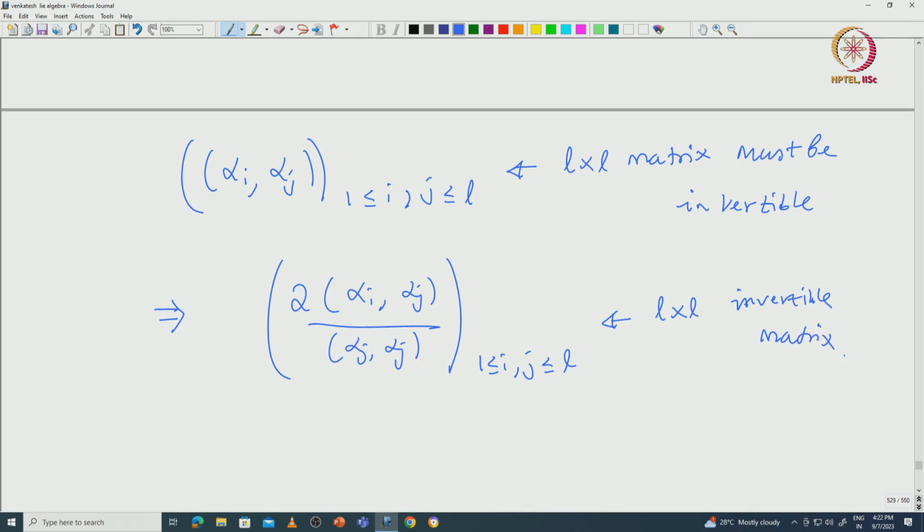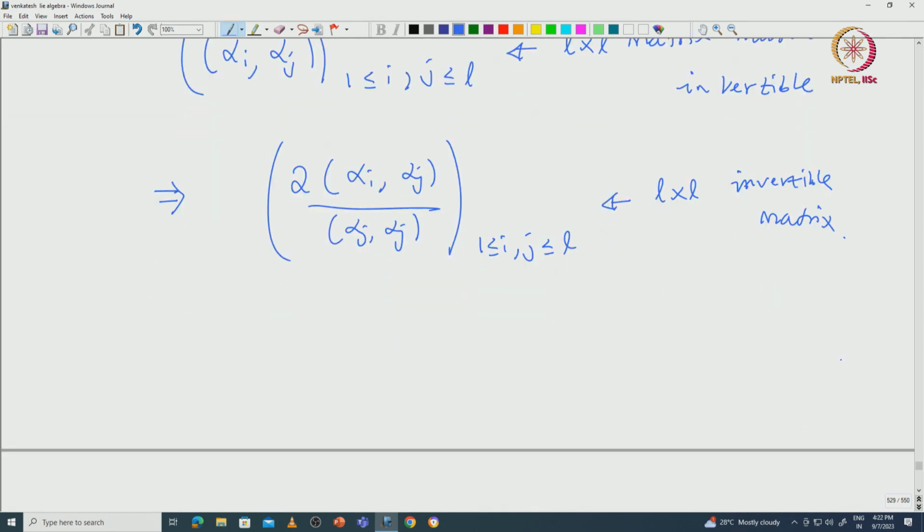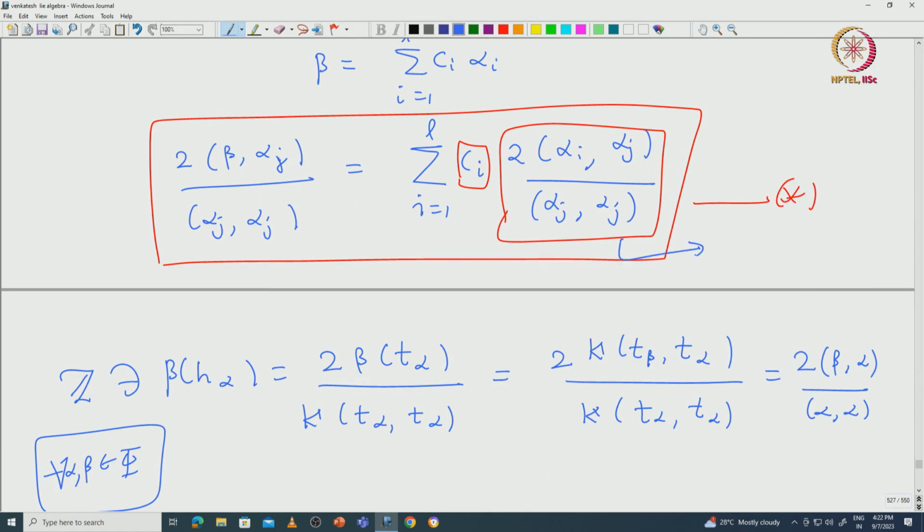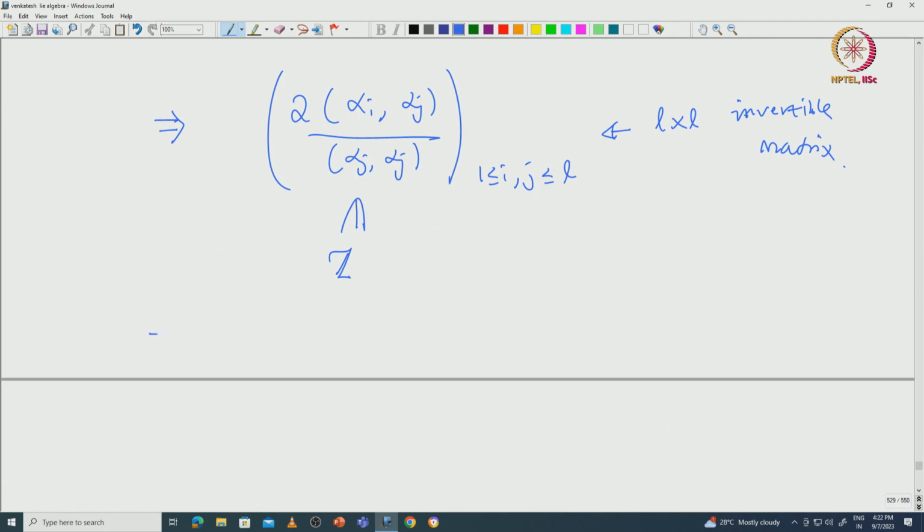Since it is invertible and all these entries are integers, the inverse of this matrix one can obtain over rationals. Since this system of equations is defined over integers and the matrix involved has an inverse inside rationals, that forces the C_i's to be rationals. So, this immediately proves that the C_i's are all rational for all i from 1 to L.